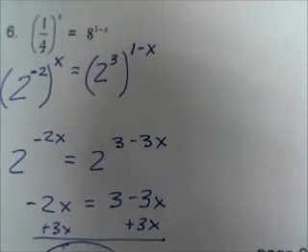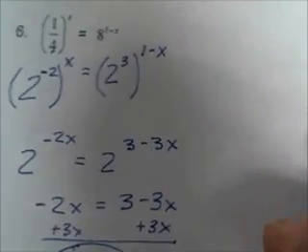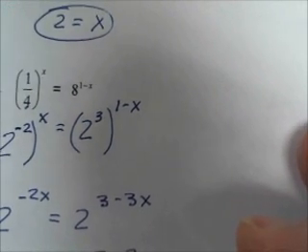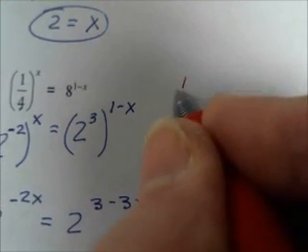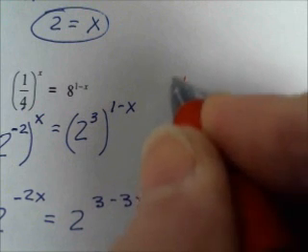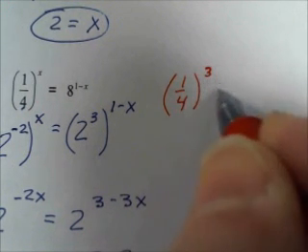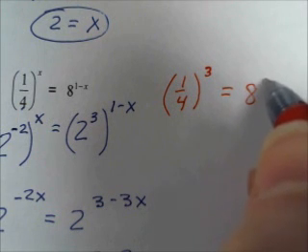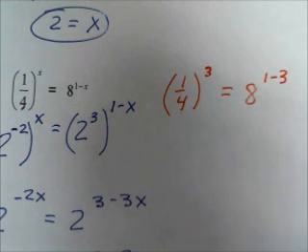I'm checking this, and you're certainly welcome to use the calculator at times to check. 1/4 raised to the third, does that equal 8 raised to the 1 minus 3?